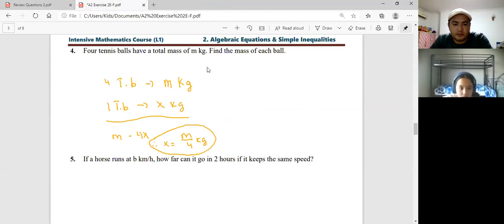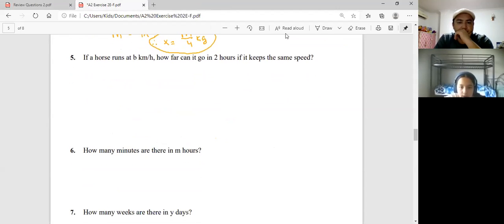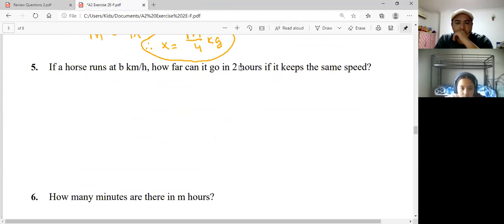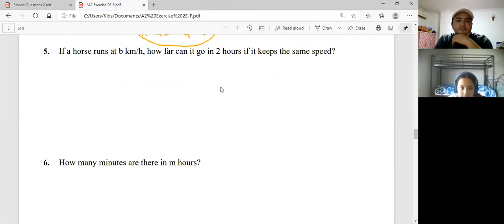Let's continue with question 5. If a horse runs at b kilometers per hour, how far can it go in 2 hours if it keeps the same speed?